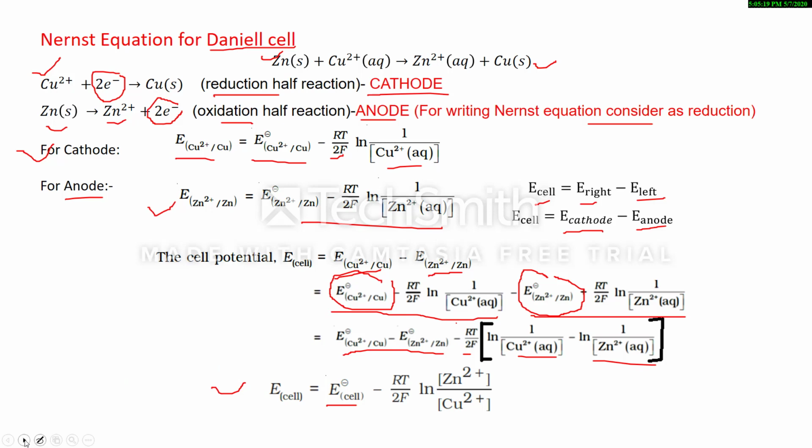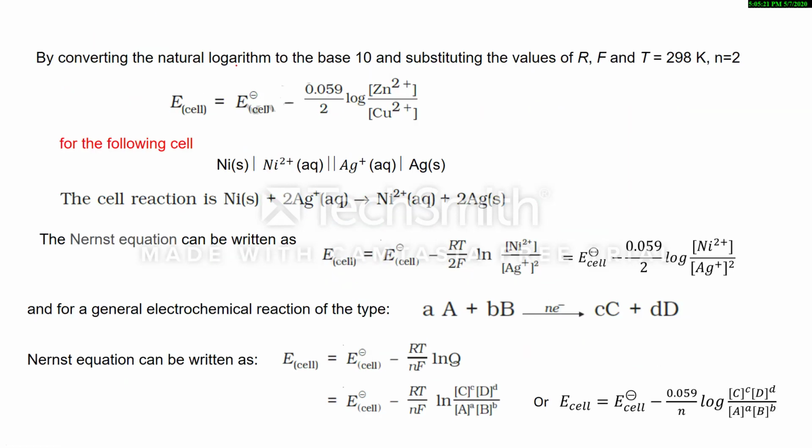Now again, if we convert the natural log into the base of 10 and put the value of R, F, and if we take the temperature as 298 Kelvin and n is equal to 2, then this term will come 0.059. Our equation is E cell is equal to E standard cell minus 0.059 divided by 2 log concentration of zinc ion divided by concentration of Cu2 plus.